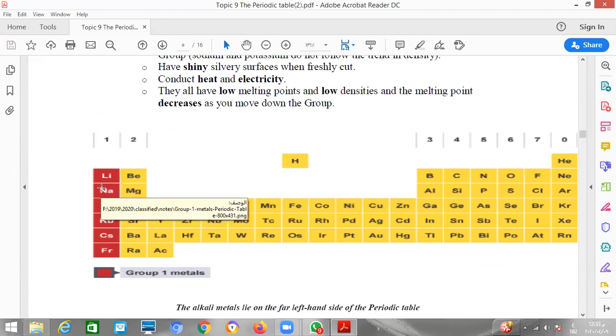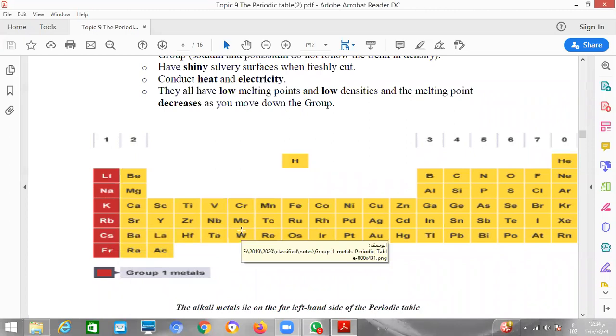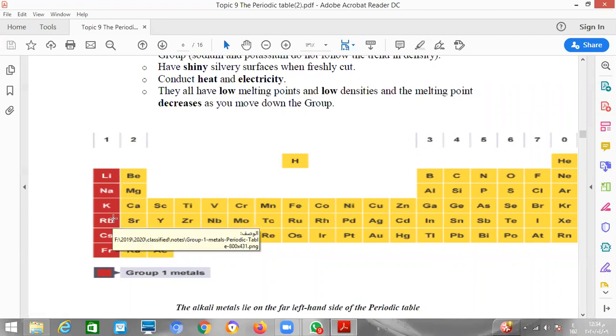Potassium forms potassium hydroxide and hydrogen. Rubidium forms rubidium hydroxide and hydrogen. So these elements, when they react with water, form hydroxide plus hydrogen.